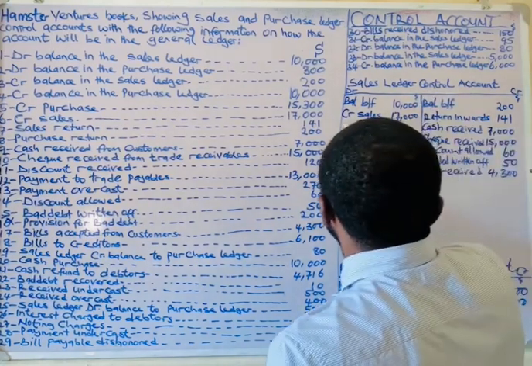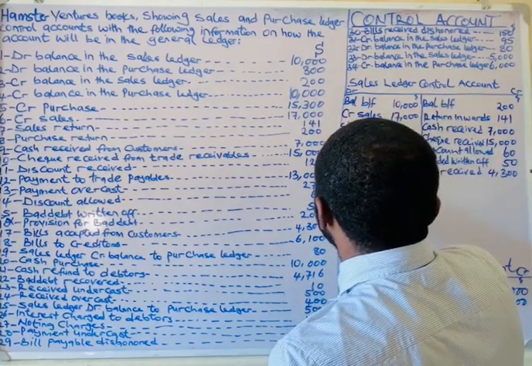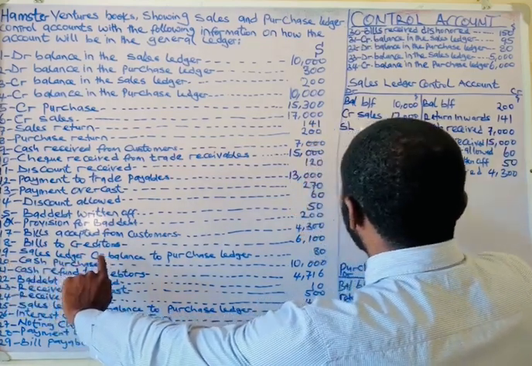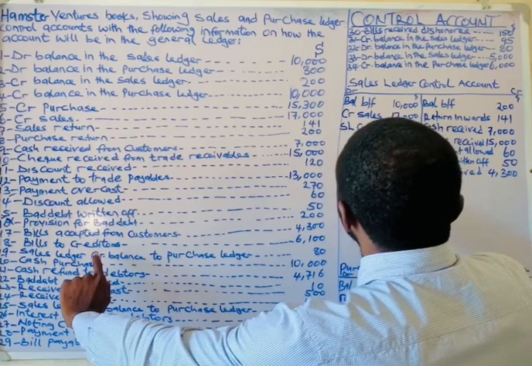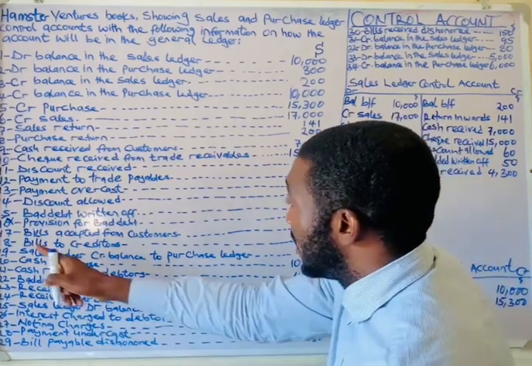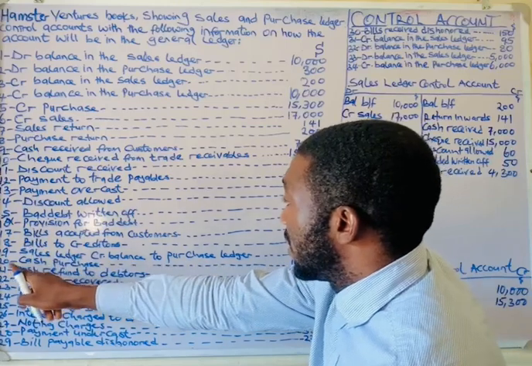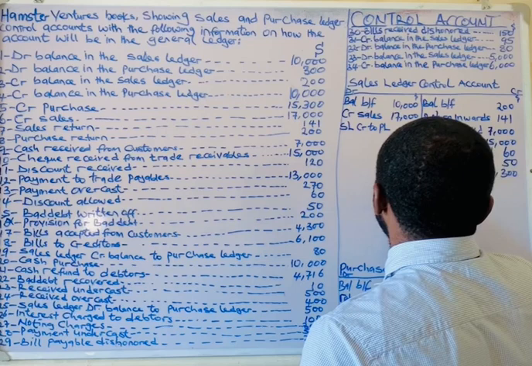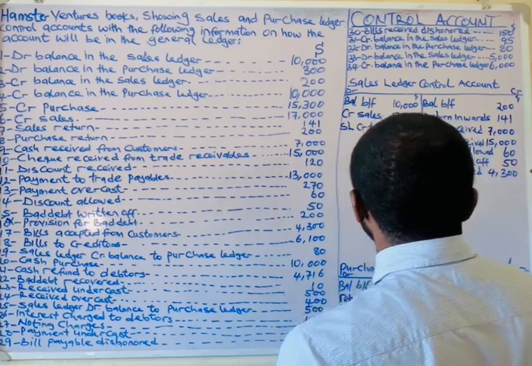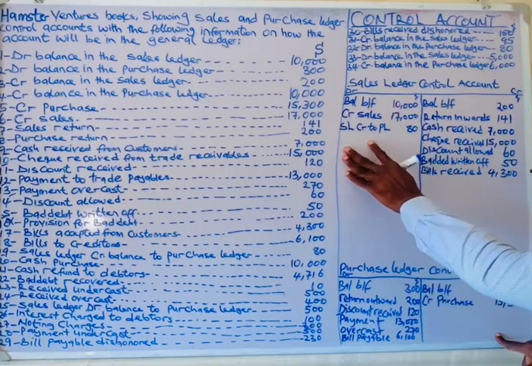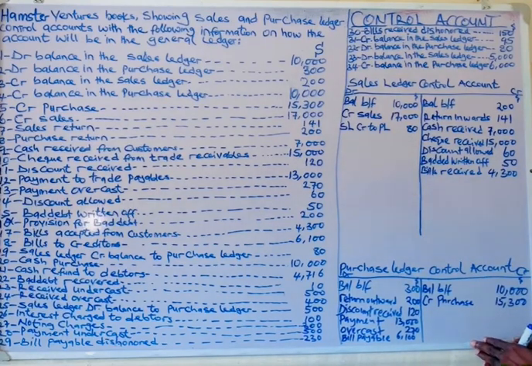Say sales ledger, you can see sales ledger credit balance to purchase ledger is $80. So you go to your credit side. Since the entry is here, it must go to the credit side to increase the credit balance.